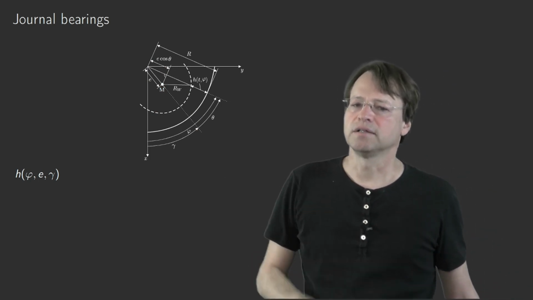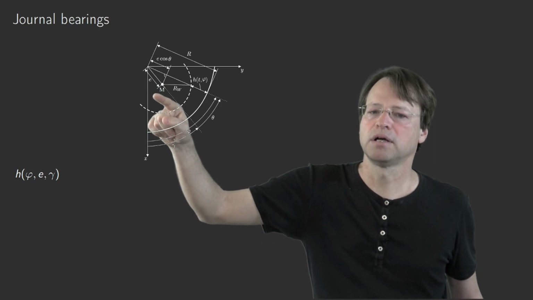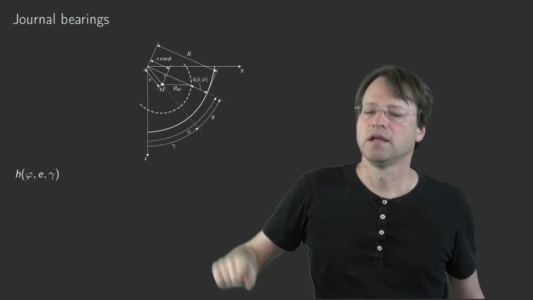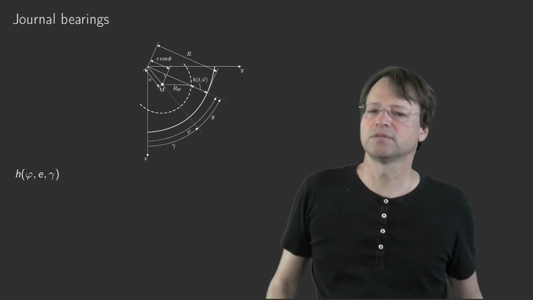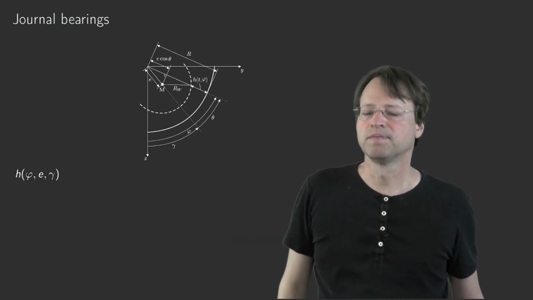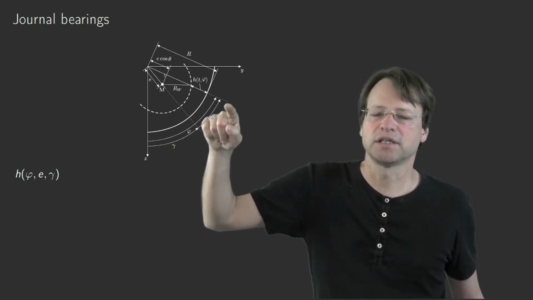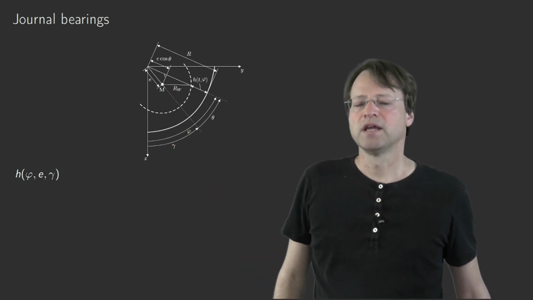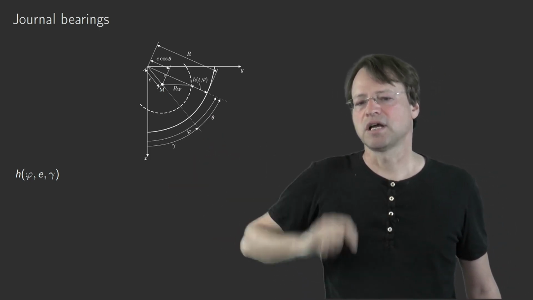From the triangle, what we do know is that part, which is e. We know the length of the line from M to the circumference, because it's the radius of the shaft. And we also know that angle theta, and you see it makes sense to introduce that angle, because theta is just the difference of phi minus gamma.